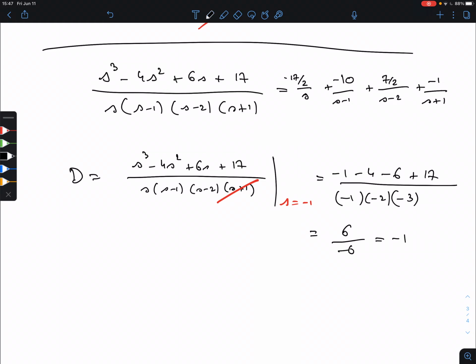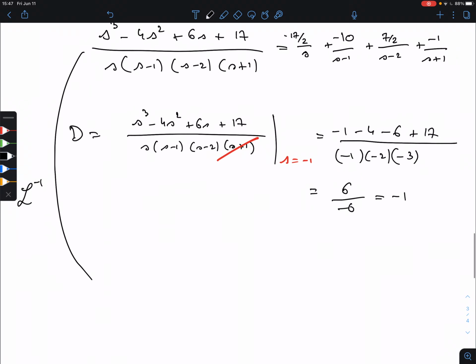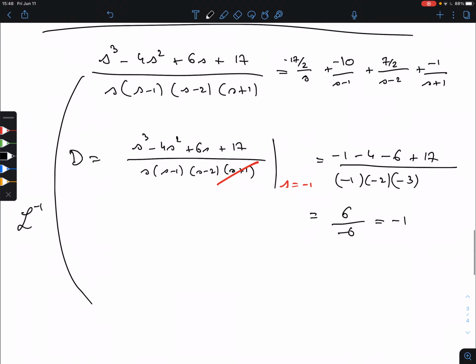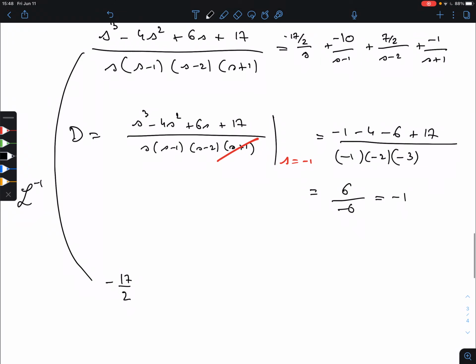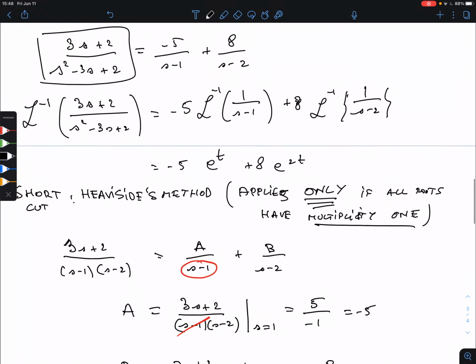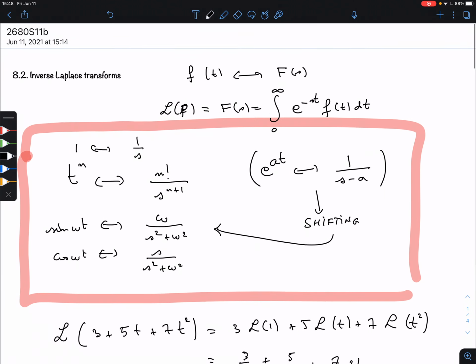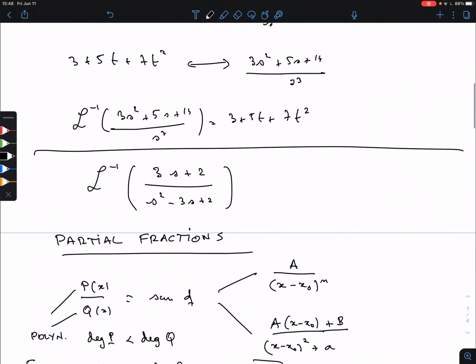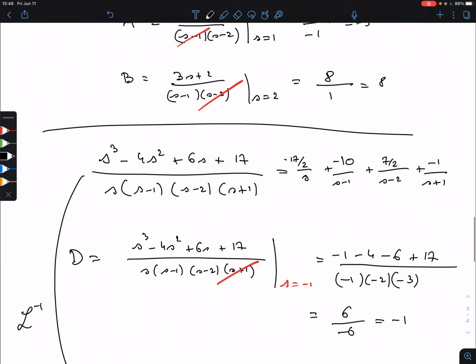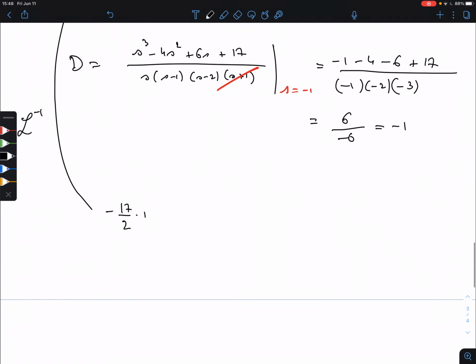Now I can already write down the inverse Laplace transform. We have these coefficients, minus 17 over 2, and then we have 1 over s. We know that 1 over s corresponds to just 1. It's strange, but it is what it is.